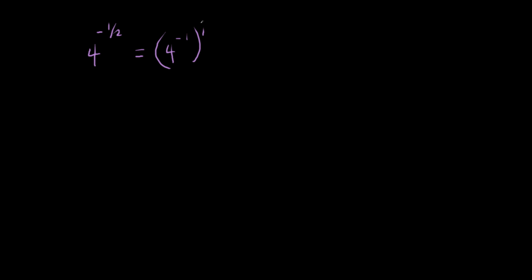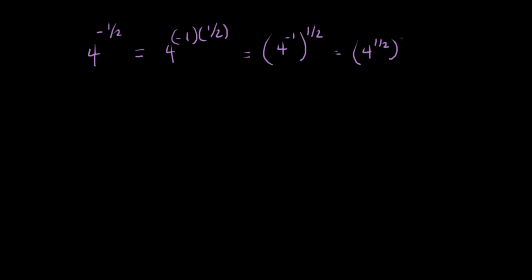Sorry, I meant to write it as negative 1. Make sure we can see that. Negative 1 times 1/2. And then we can split it up as 4 to the negative 1 to the 1/2, or we can write it as 4 to the 1/2 to the negative 1.